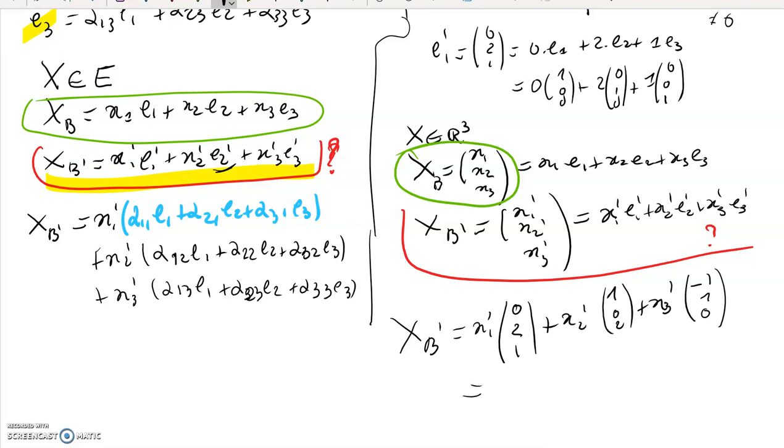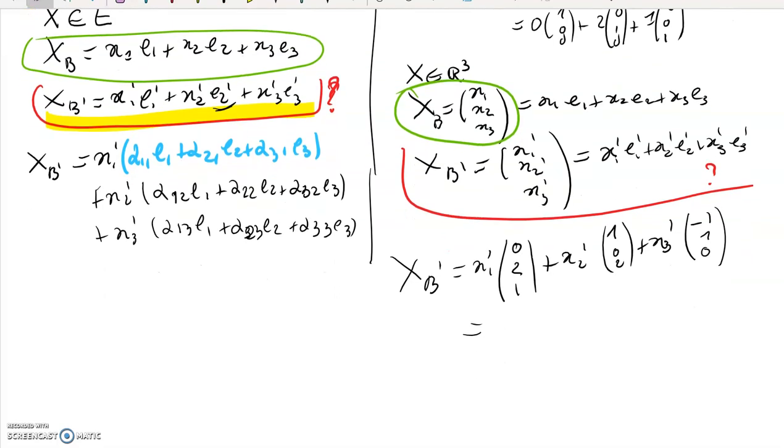Okay, so what do I get? That thing can also be expressed as, if I'm summing all these, 0, 2x1 prime, x1 prime for the first one, plus the second one, x2 prime, plus 0, plus 2x2 prime, and the last one, well, that was actually a minus: minus x3 prime, plus x3 prime, plus 0.